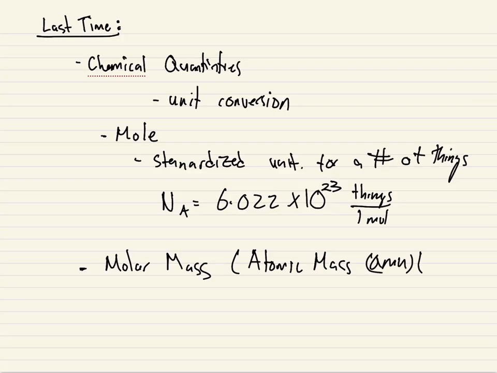And the units also tell us the definition of what the molar mass is. What are the units of molar mass? Grams per what? Grams per mole, right? So the molar mass tells us how many grams is 1 mole of that substance.